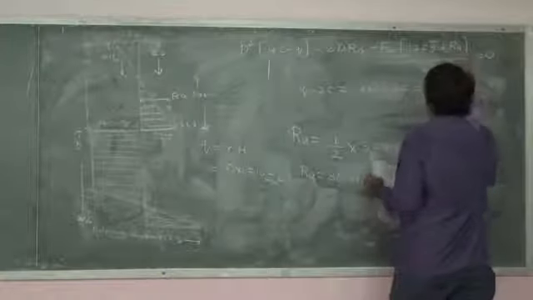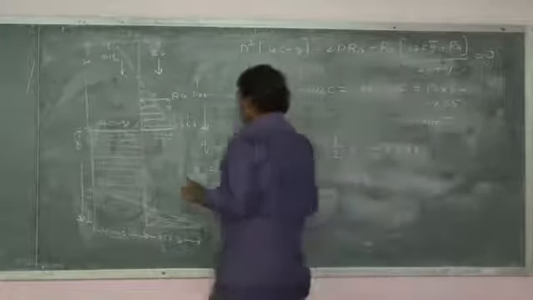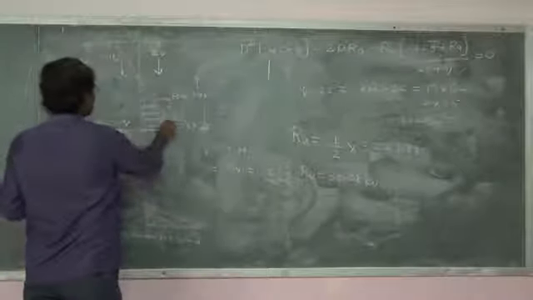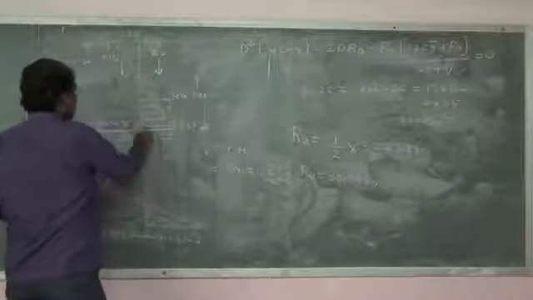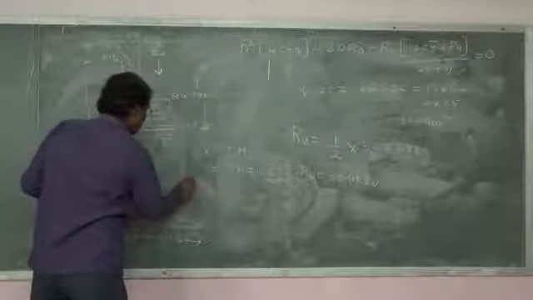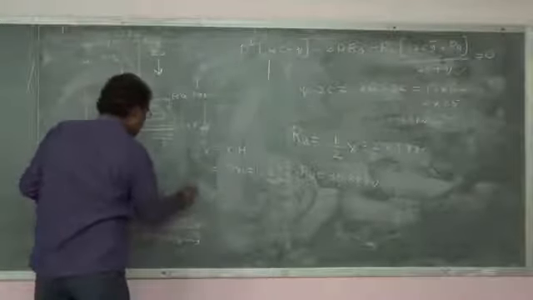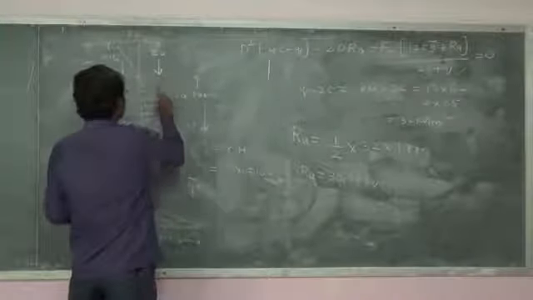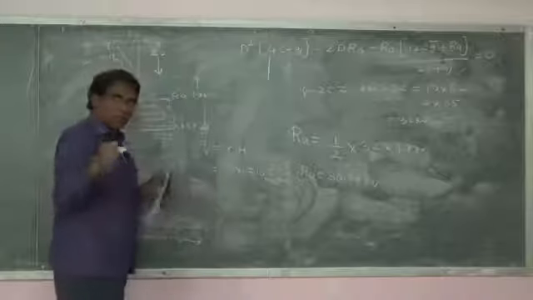So what is unknown is again Y bar. Y bar means where this RA is acting from this space. So if you take this triangle, Y bar will act at h by 3 from the base, and h is from here to here where the active pressure is acting, 1.88.